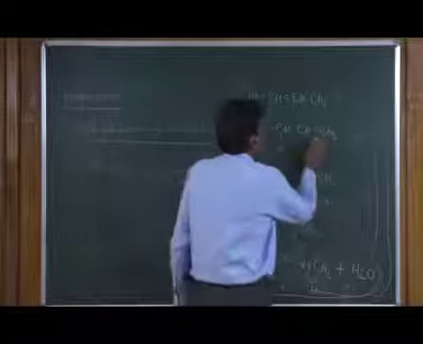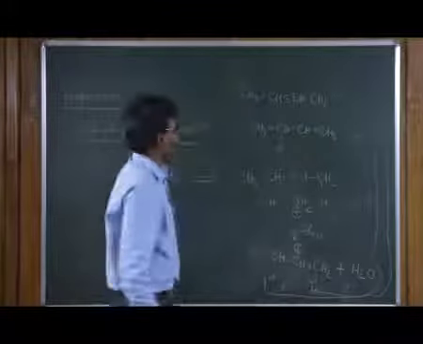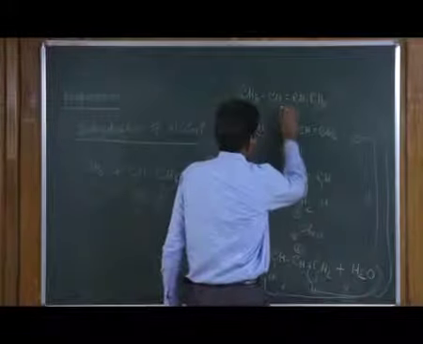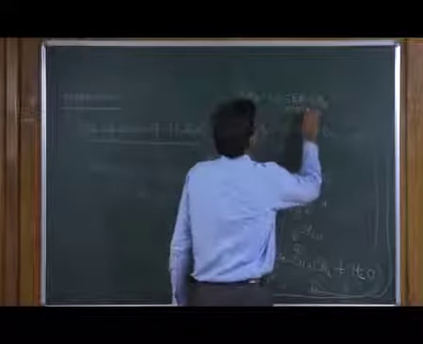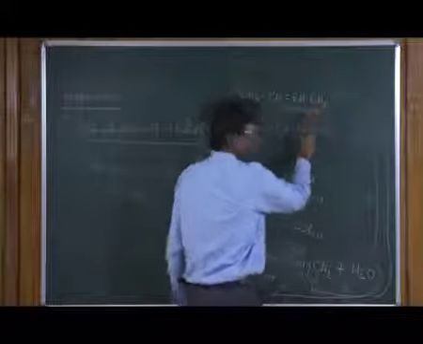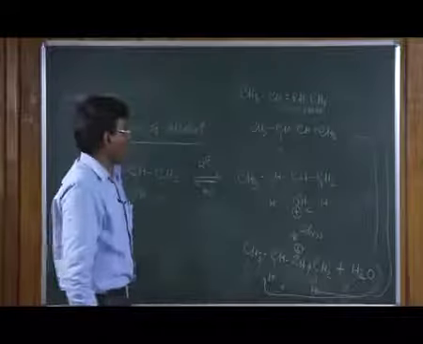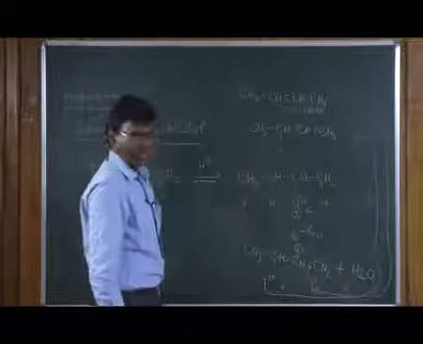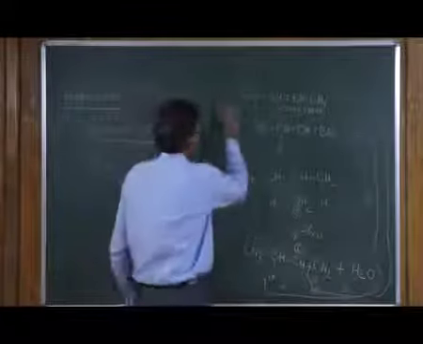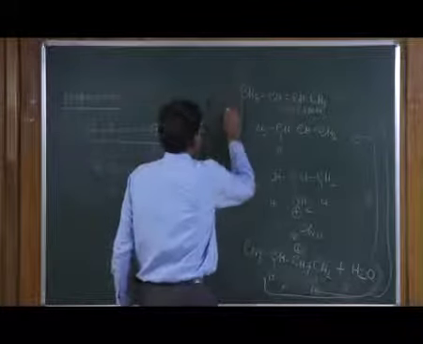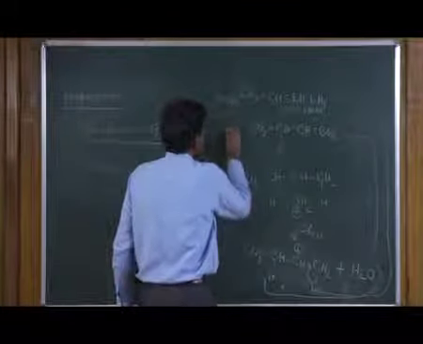This is the less substituted double bond, and this is the more substituted double bond, which is more stable. If you look at the ratio of formation of these two alkenes, as I mentioned, this will be the major compound and this will be the minor.